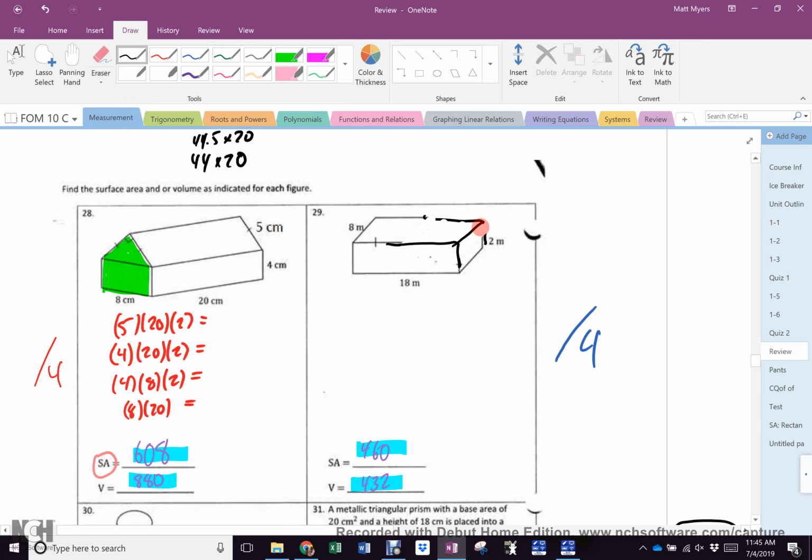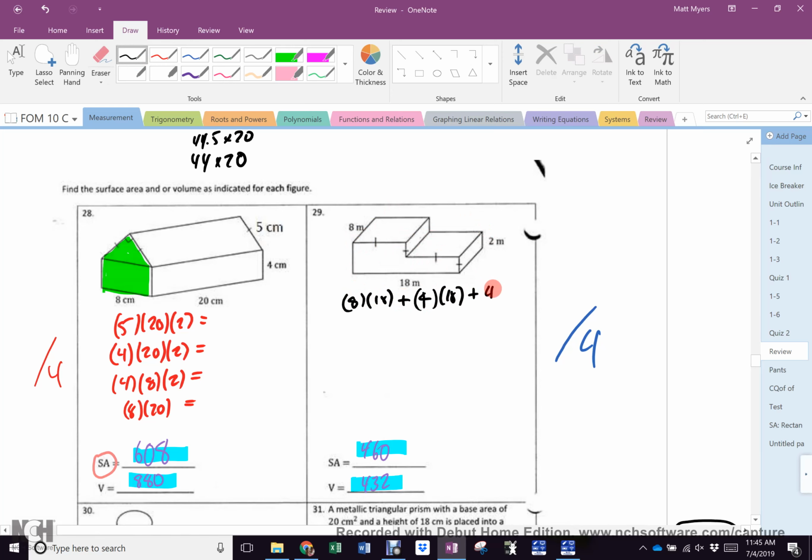And I would do that. And then I would subtract out the part that's missing. So I would do 8 times 18 plus 4 times 18 plus 4 by 18, 8 by 18. What am I missing? 8 by 18.